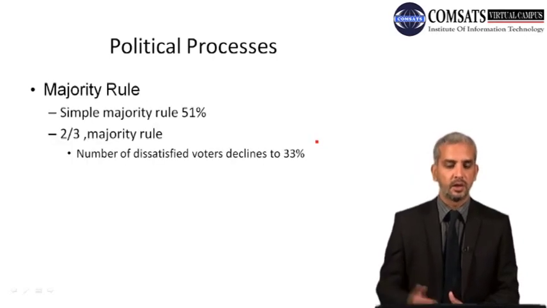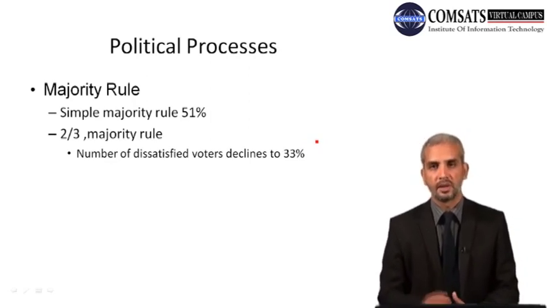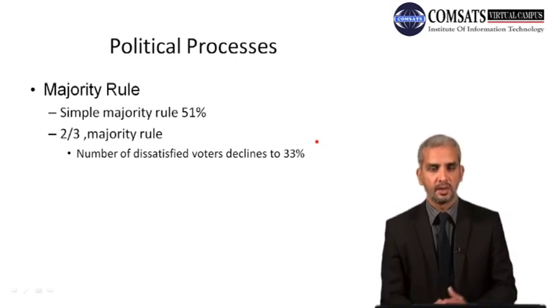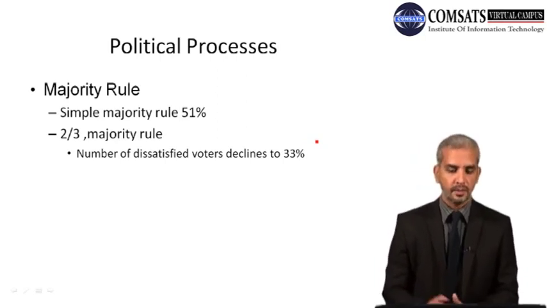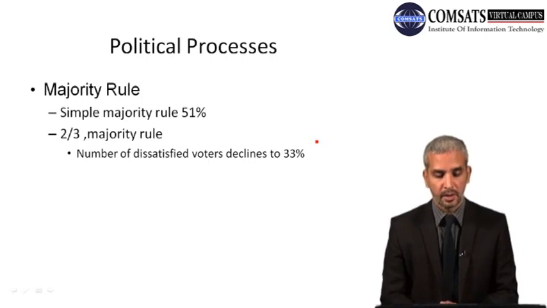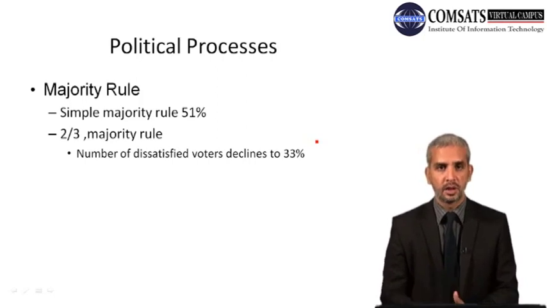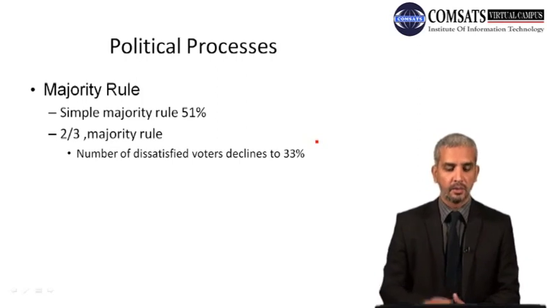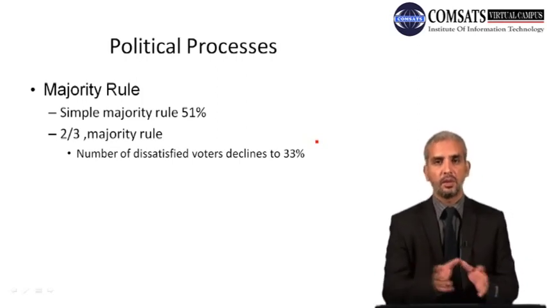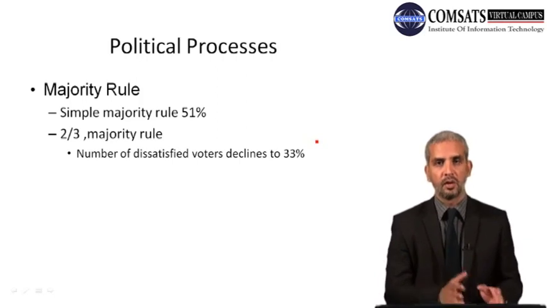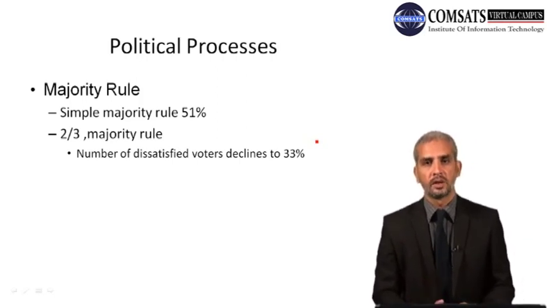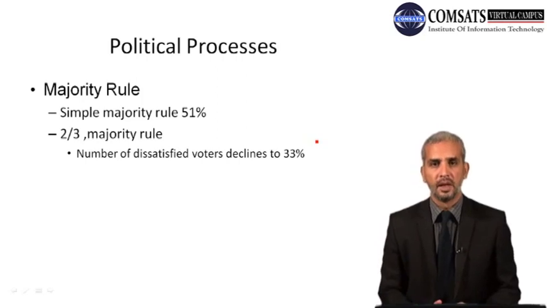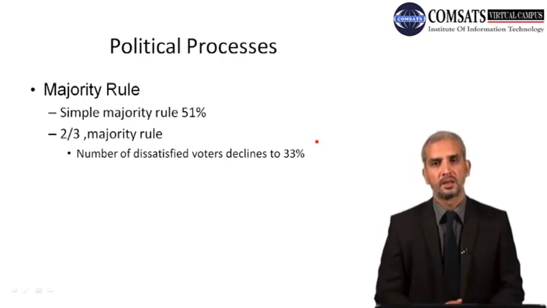Then we discussed the majority rule in the political process, which is a simple majority rule of 51%, which we have used in the examples we have discussed in this course up till now. We also considered a 2/3 majority rule, which is actually applicable in Pakistan's parliament. With the 2/3 majority rule, the greater the number of people or voters you involve as a rule for the political equilibrium, the less dissatisfaction you get.